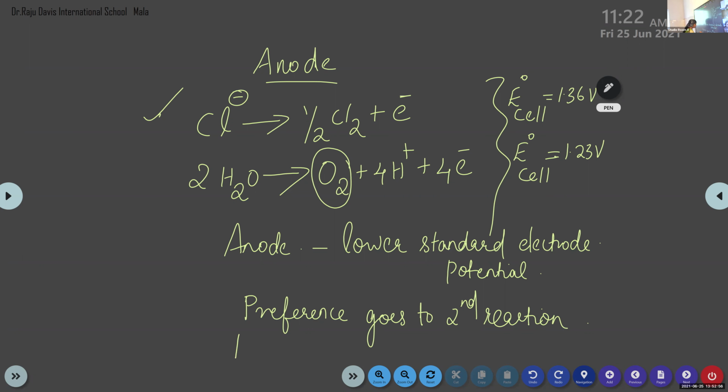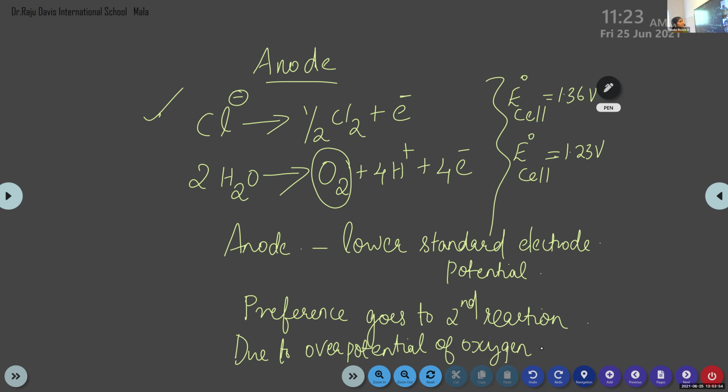Due to the overpotential of oxygen, that's the reason. In the case of oxygen, we need to apply this overpotential, and the chances for electrolysis are very low. That's why we are preferring this reaction.